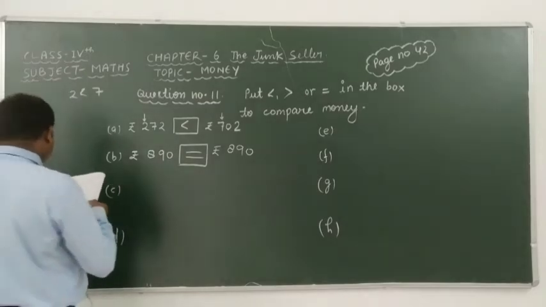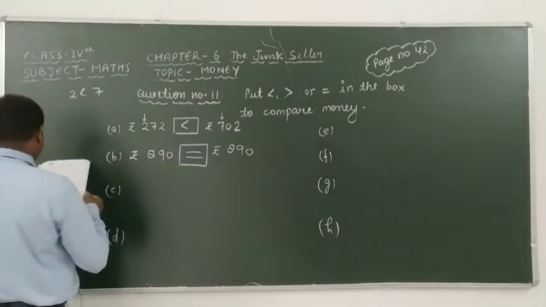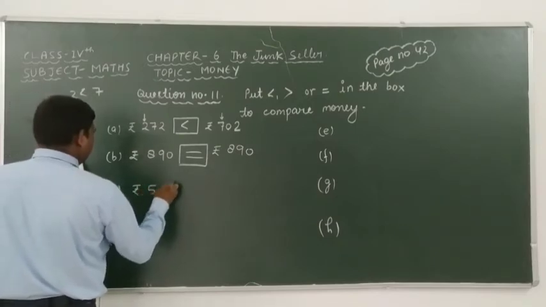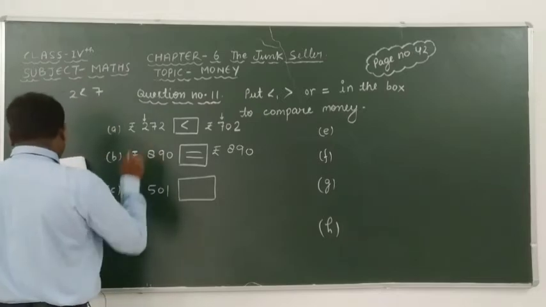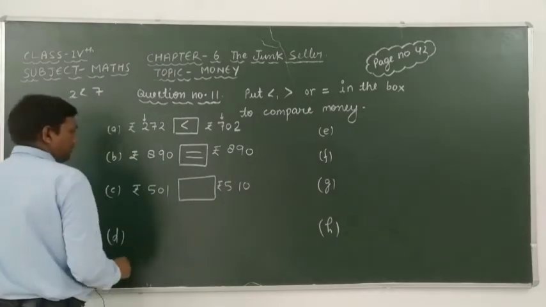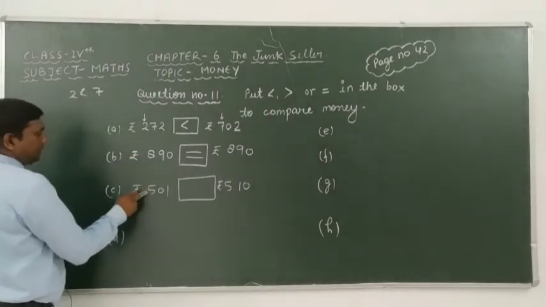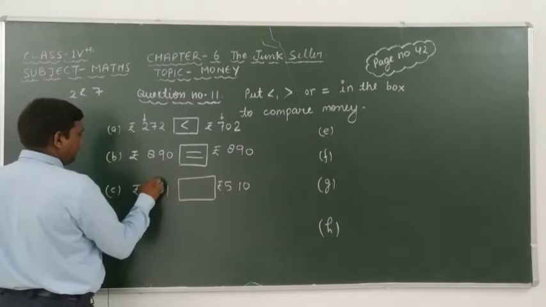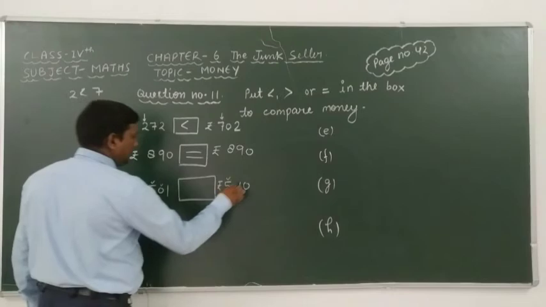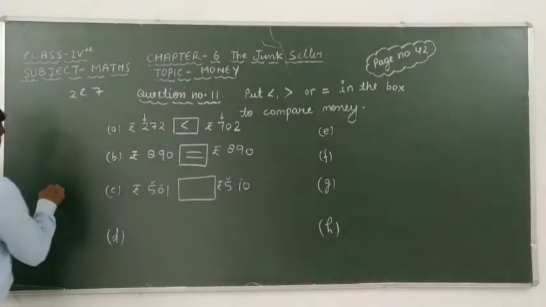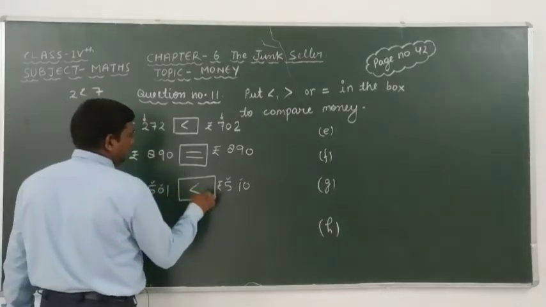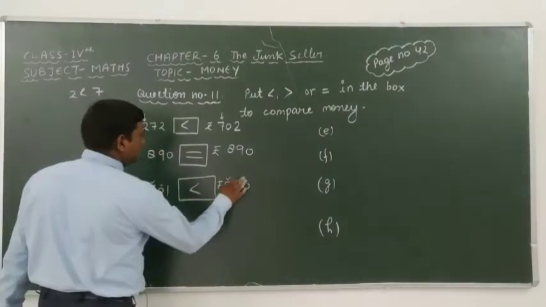In question number C, look, here given that 501 box 510. Students, look, in this question here given that 5 and here given that 5 are same. Here given that 0 and here given that 1. We know that 0 is less than 1, therefore 501 is less than 510. Okay, understand?